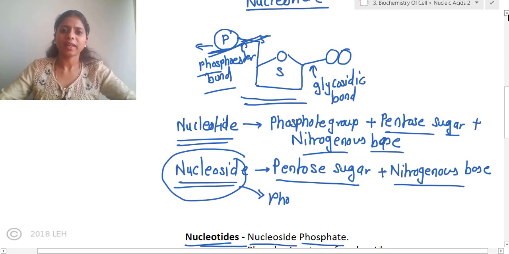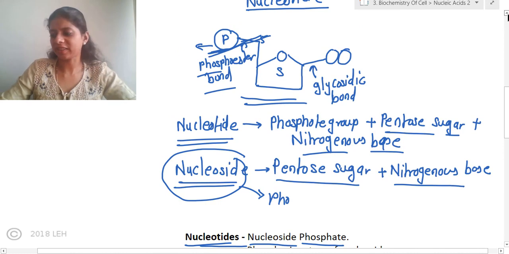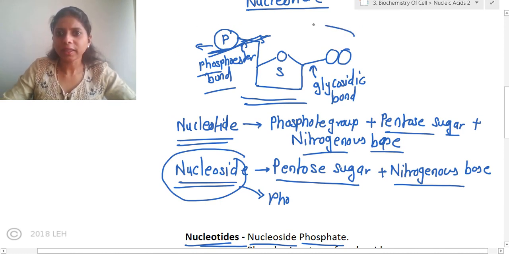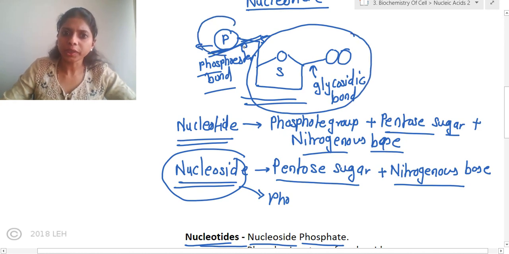Now try to understand why they are called phosphoric esters. This is a nucleoside, pentose sugar and nitrogenous base, to which a phosphate group is attached. When we attach the phosphate group, we attach it with the ester bond, the phosphoester bond. So the attachment is by an ester bond, a phosphoester bond.